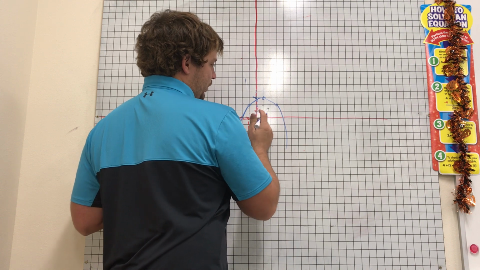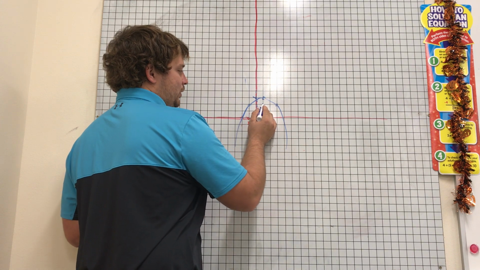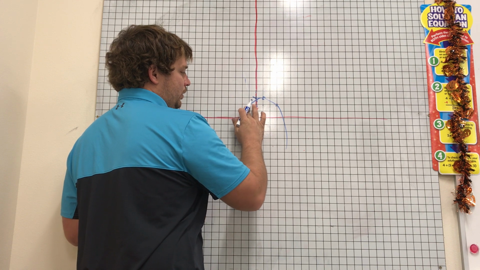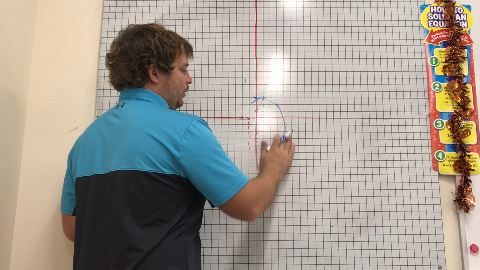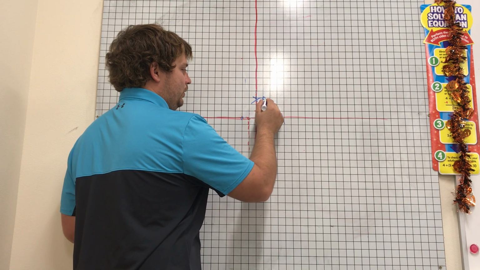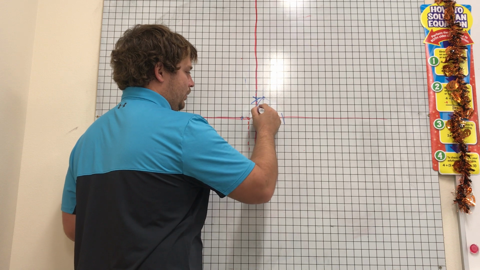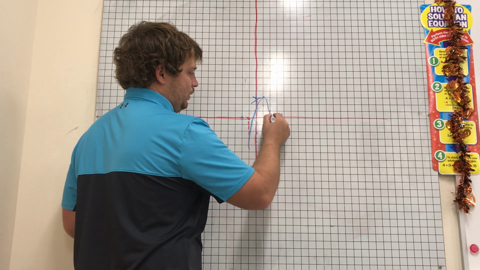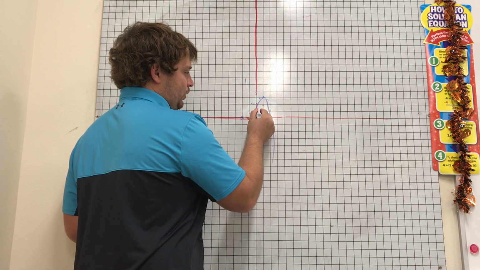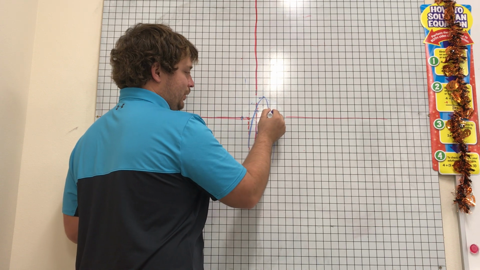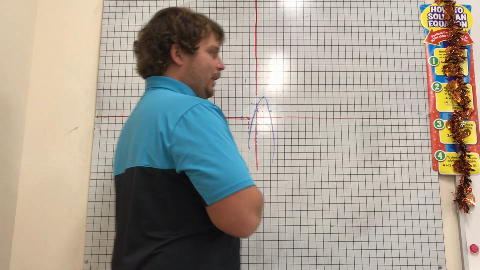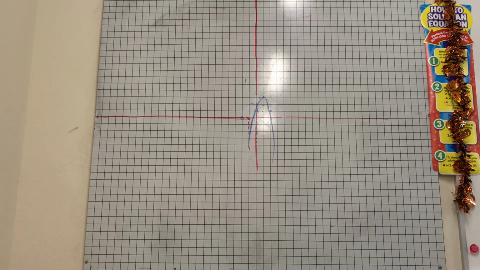Since it's 2, actually, it'd be a stretch, not a compression. So it'd be up 2 over 1, up 2 over 1. So I'd have something like this going on. I think the first dot you can do using your rise and your run and put them there, and then the rest you just go. Obviously the negative made it open upside down.